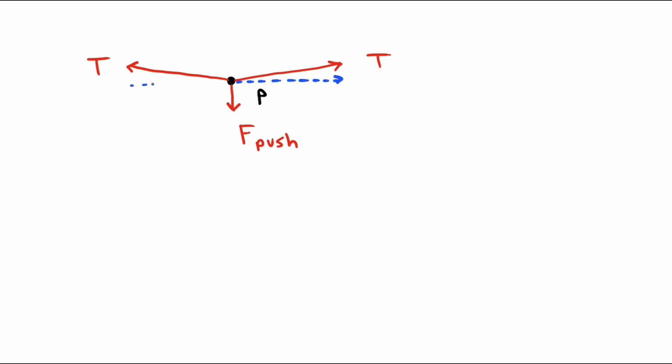What that'll look like is this. We'll have Tx, the x component, and then each of them also needs a y component, Ty. The x components are going to cancel out here. All that matters really is the y components.